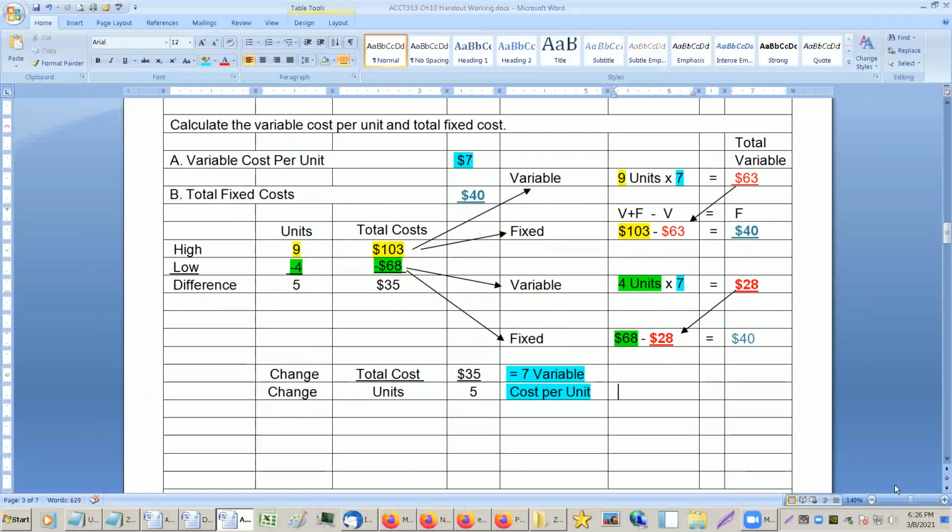Okay, so again, this is kind of the important thing here. These two should come out to be exactly the same, or close to it. If you had to round a little bit, they might be off a little bit, but it should be pretty close to the same.